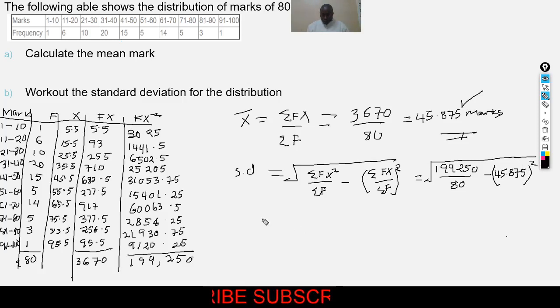So this gives you the square root of this one you divide, you get 2490.625. Then we minus, you square the other and gives 2104.5156.